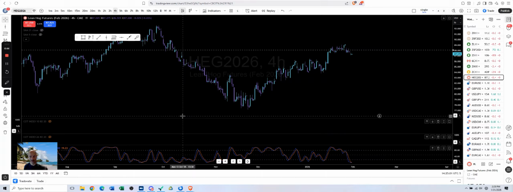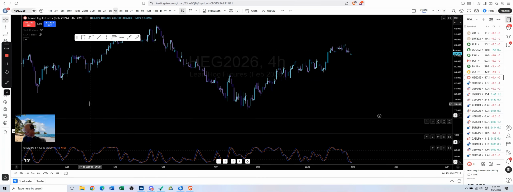Indicators such as oscillators, things like what you see on the chart here, which is the stochastic RSI. You can use RSI, stochastics, commodity channel index, MACD, whatever the heck you want.